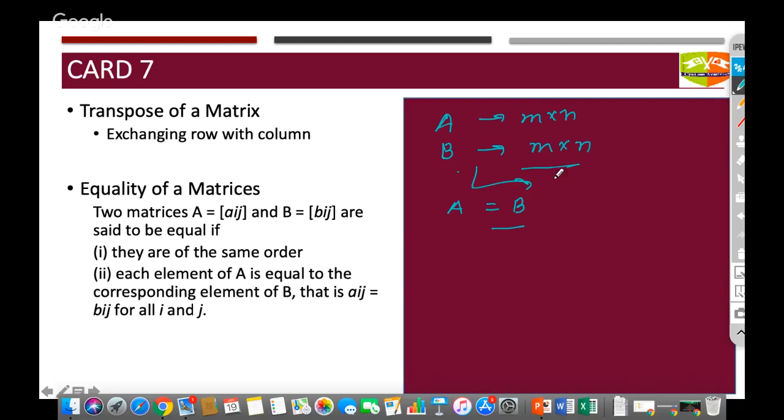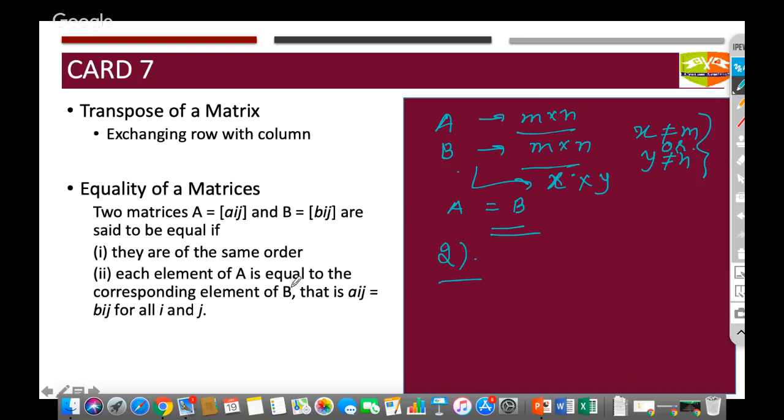If matrix B is of order x into y, where x is not equal to m and y is not equal to n, or any one of them, then the matrices cannot be equal. So for matrices to be equal, the most important criterion is that they are of the same order.